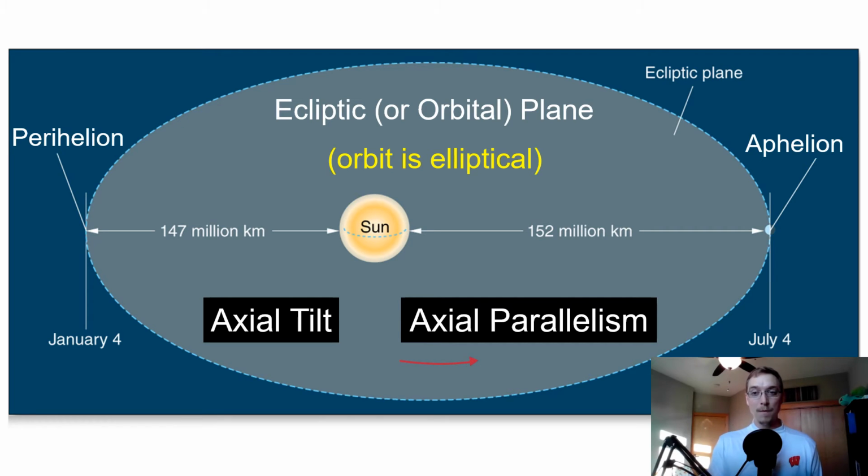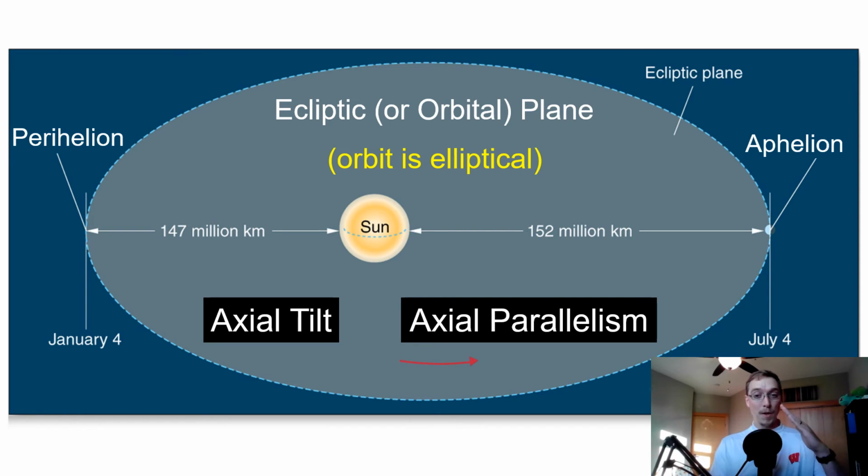Following this event, instead of rotating on its axis perfectly up and down, it got a lean, it got a tilt in its axis. As a quick aside, it's actually thought that this large impact event is probably what led to the formation of our moon, which is pretty awesome.